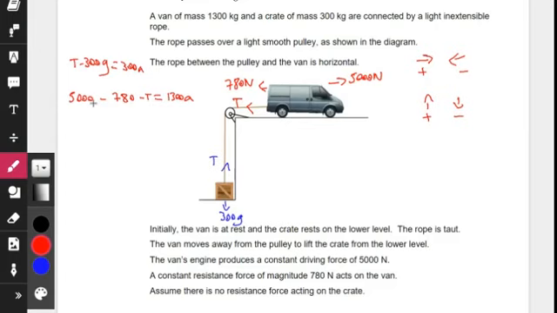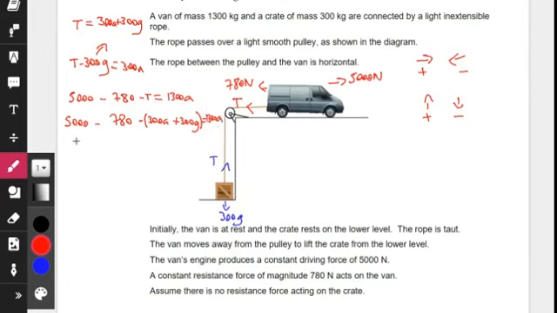So then that would give me what? From this equation, I can say that T equals 300a plus 300g. Therefore, in this equation I've got 5,000 minus 780 minus T, which was 300a plus 300g, equals 1,300a.